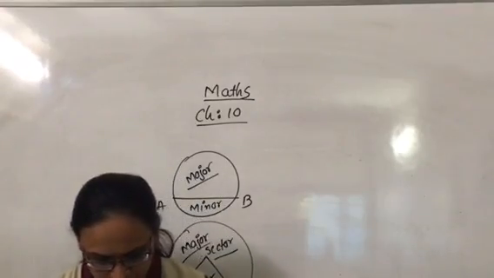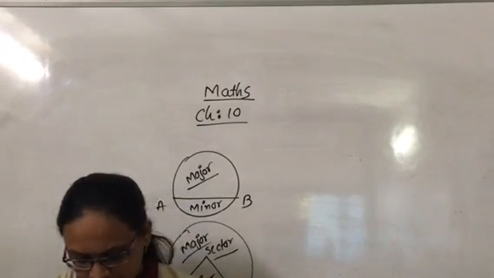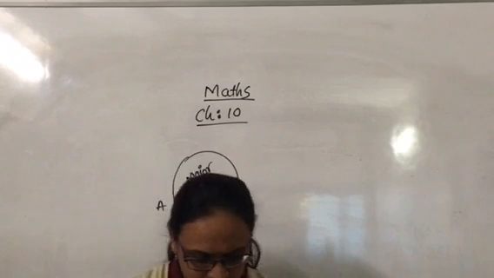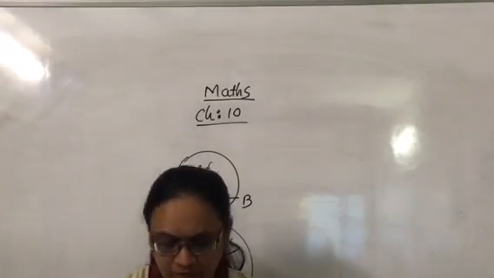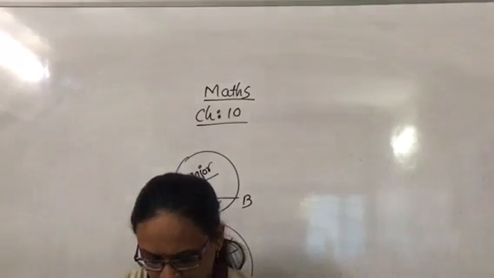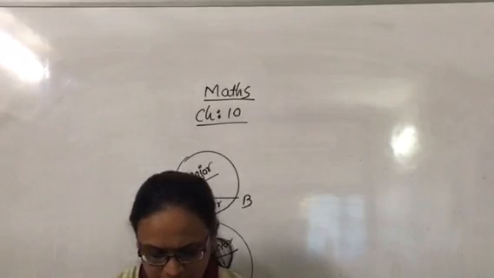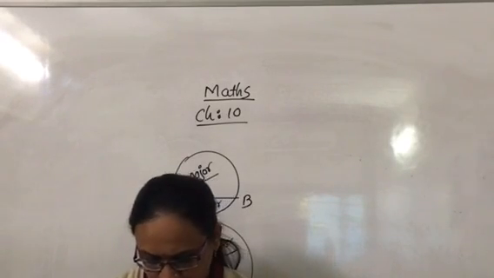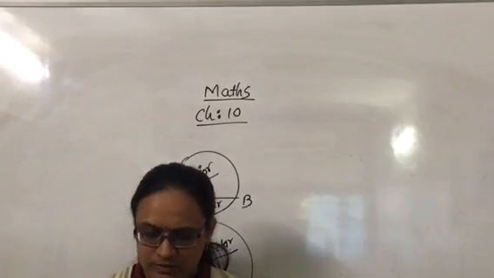In figure 10.9, the region OPQ is the minor sector and the remaining part of the circular region is the major sector. When two arcs are equal, that is each is a semicircle, then both segments and both sectors become the same and each is known as a semicircular region.